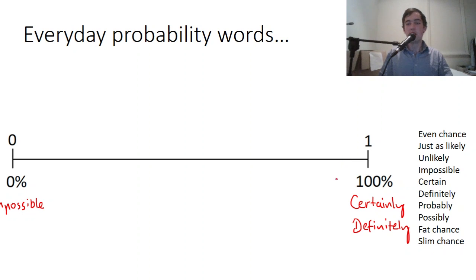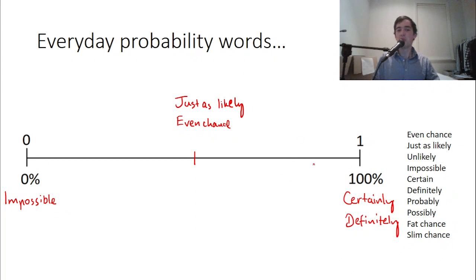We've got even chance and just as likely in the middle. And you might be able to work out that this is 0.5 or 50%. Probably means it's more likely than not to happen, so we'll just put probably somewhere here. Possibly doesn't say very much, because everything's possible.